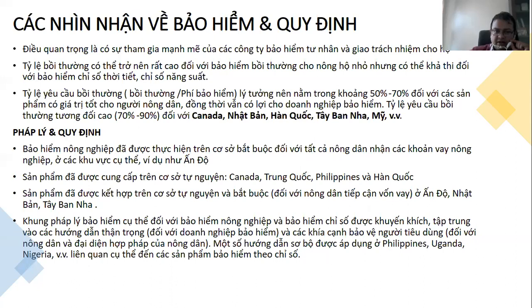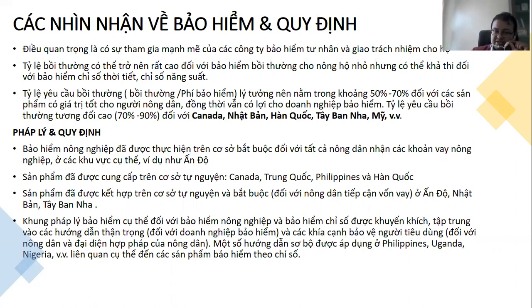And finally, a few aspects on the legislation and regulations. We see that in some countries, agriculture insurance has been implemented on a mandatory basis for all farmers receiving agricultural loans. For example, this has been the case in India, in specific states or regions.